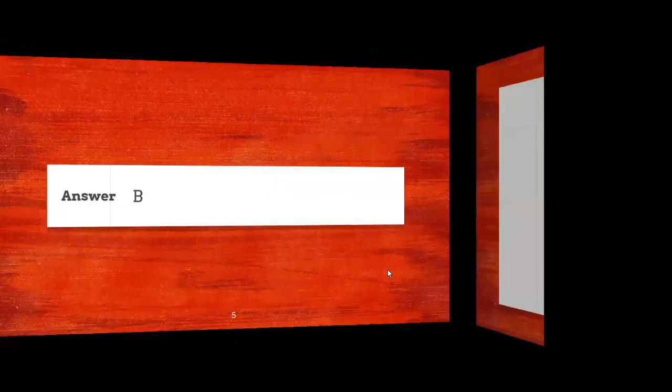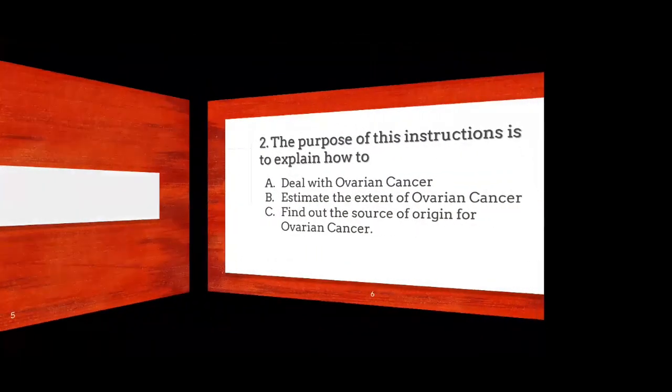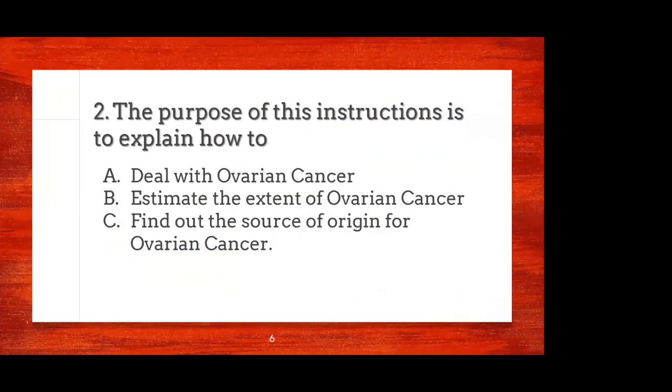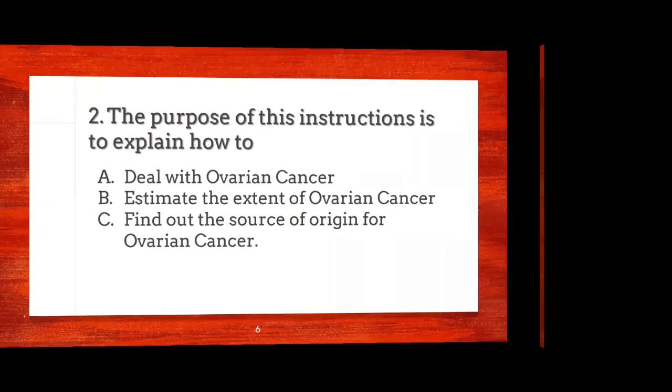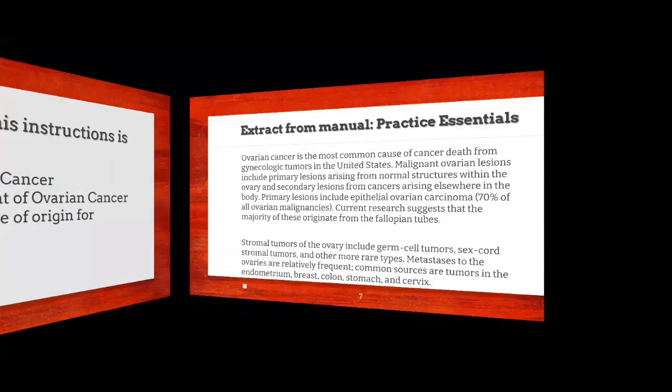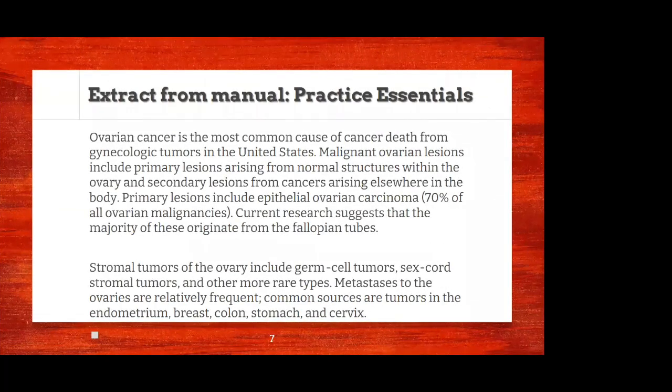So what is the purpose of this instruction? An instruction is given to you. Extract from manual practice essentials. Ovarian cancer is the most common cause of cancer death from gynecologic tumors in the United States. Malignant ovarian lesions include primary lesions arising from normal structures within the ovary and secondary lesions from cancers arising elsewhere in the body.